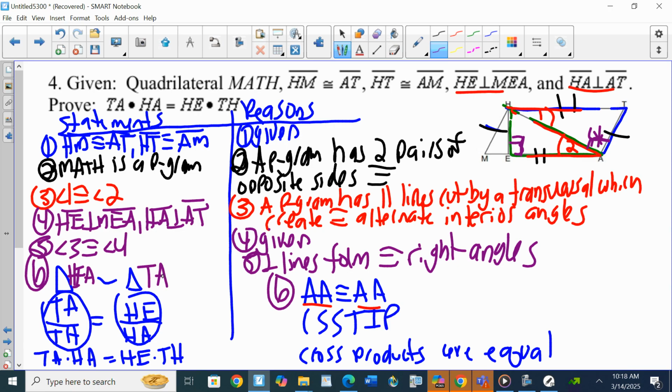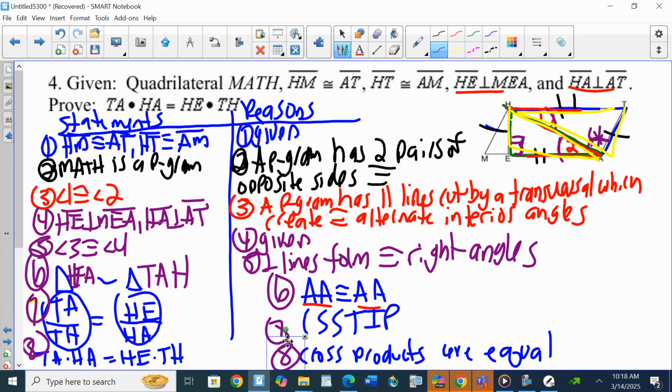A and H correspond because those are the alternate interior angles, so TAH. Look at them, make sure they make sense. HEA and TAH. Yep, looks good. Fill in the rest of the numbers: 7, 7, 8, 8.